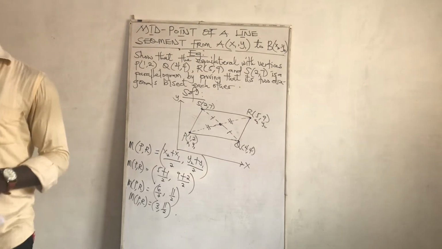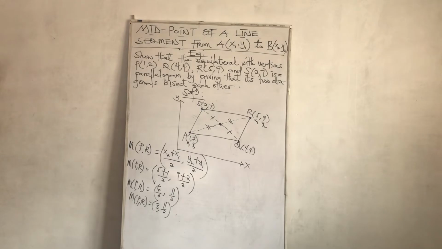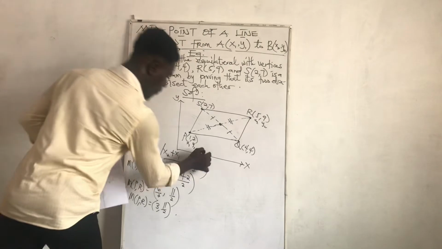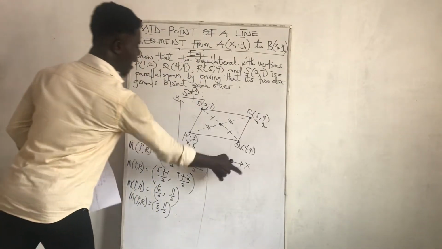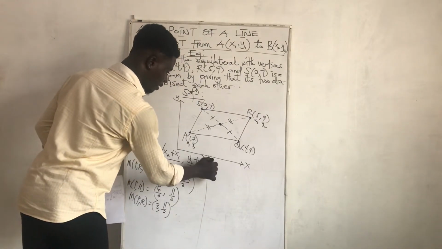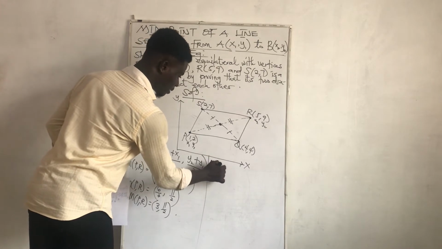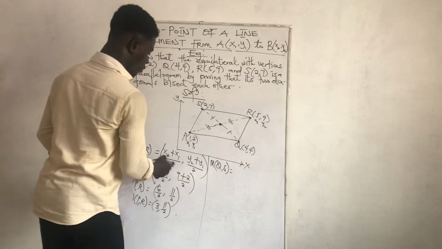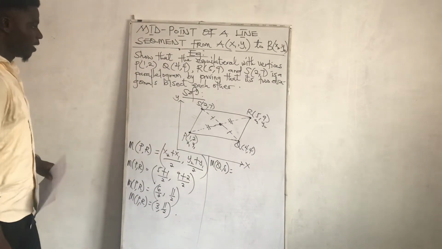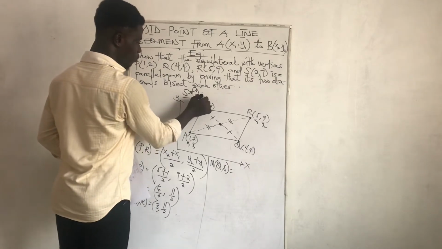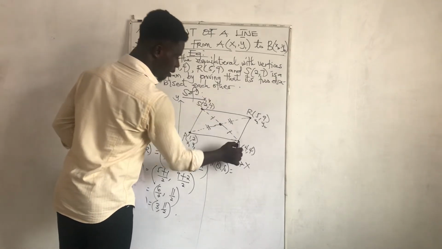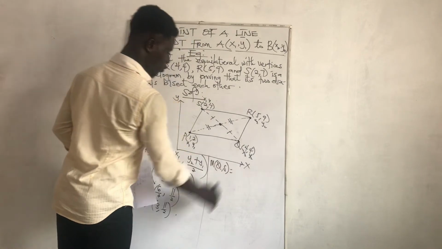Watch it very carefully. Also, we have to find the midpoint of SQ, or QS. We have the formula there already, so we can just substitute and move on. X1, Y1, then X2, Y2.